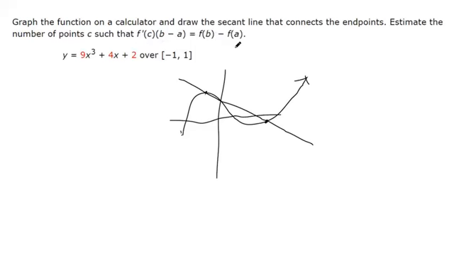I'm not sure what the textbook is trying to do by writing it like this. Look, if you just divide b minus a from both sides, then you get the derivative at some point c. That c might ring a bell to the mean value theorem.